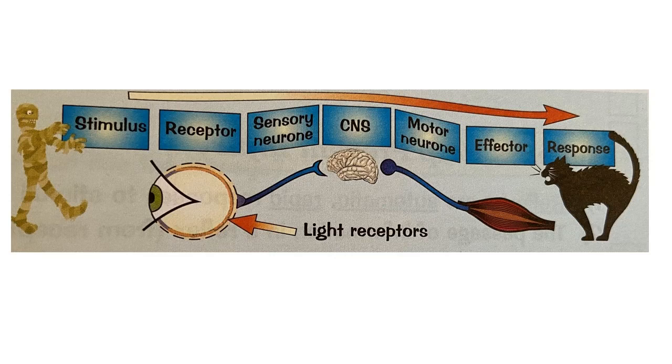Now, I like tea, so my brain is going to decide that me drinking a nice warm cup of tea is a good thing. And in response to that, my brain can then send another electrical impulse down a motor neuron to my face. And in my face, there are effectors, muscles. And the response that I will have to drinking my nice cup of tea will be to smile.